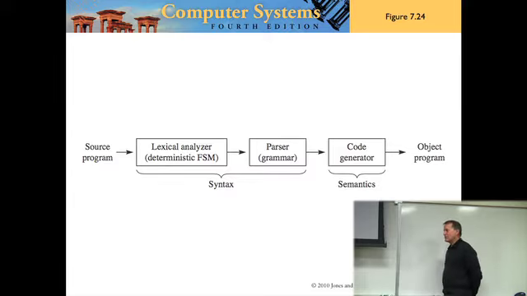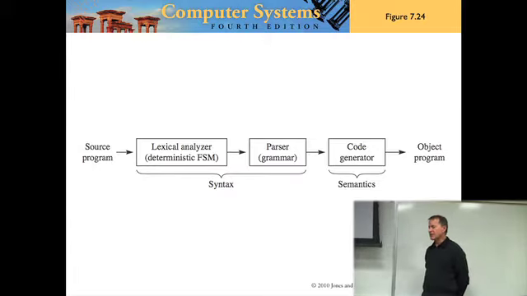I don't want you to get the wrong impression here, because what we're going to do with your translation project is not quite what happens when we translate from level HOL 6. I want to make sure that everybody understands what a compiler does. So let's take a look at this figure 7.24 and see what it says.